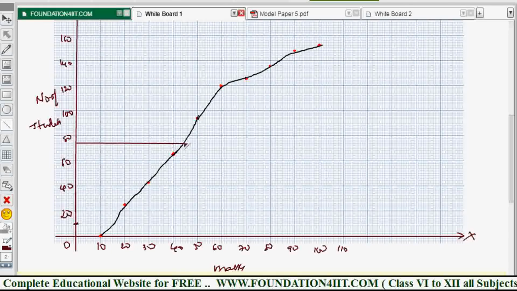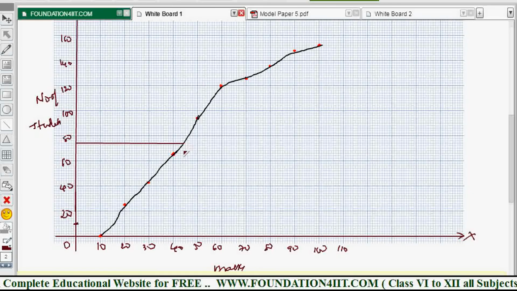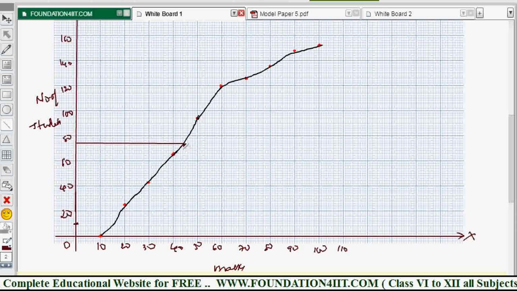Just draw the straight line from the 75th observation towards the x-axis. If you take the straight line, it is touching around 44.